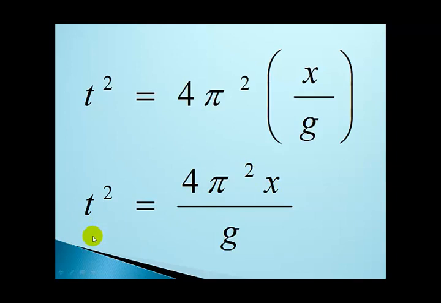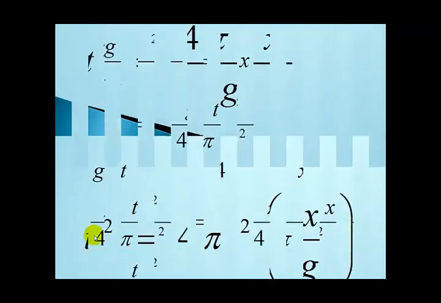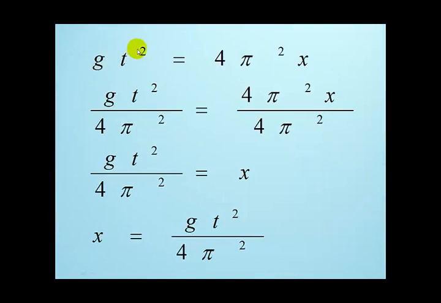Now in doing that, we have g t squared is equal to 4 pi squared x. Because we are making x the subject, we have to divide both sides by 4 pi squared. So when we divide the right hand side by 4 pi squared, we are left with x, since 4 pi squared will cancel 4 pi squared because it's the same expression.